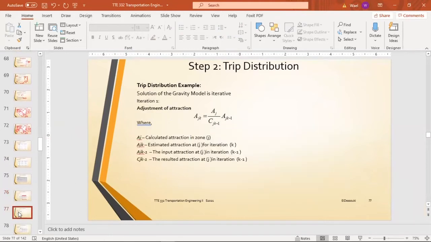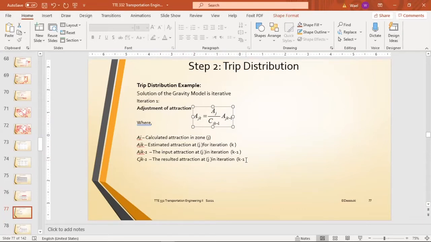In order to do this, we are going to adjust the attraction based on the following relationship: the attraction for iteration k, that's the calculated attraction at zone j. The attraction at iteration k will be estimated from the input attraction at j in iteration k minus 1 and the resulted attraction at j in iteration k minus 1.